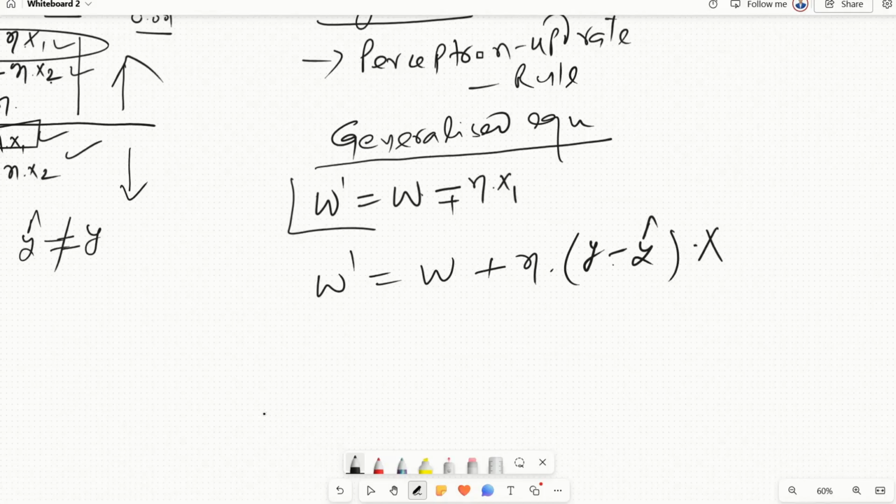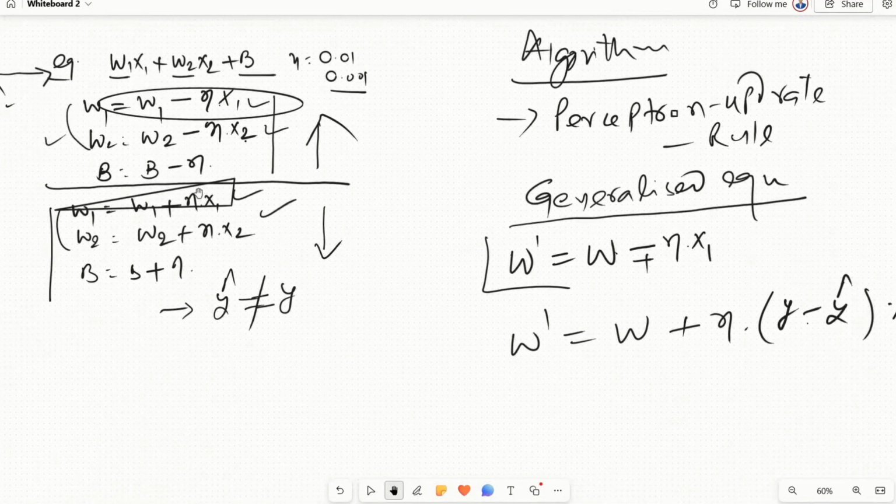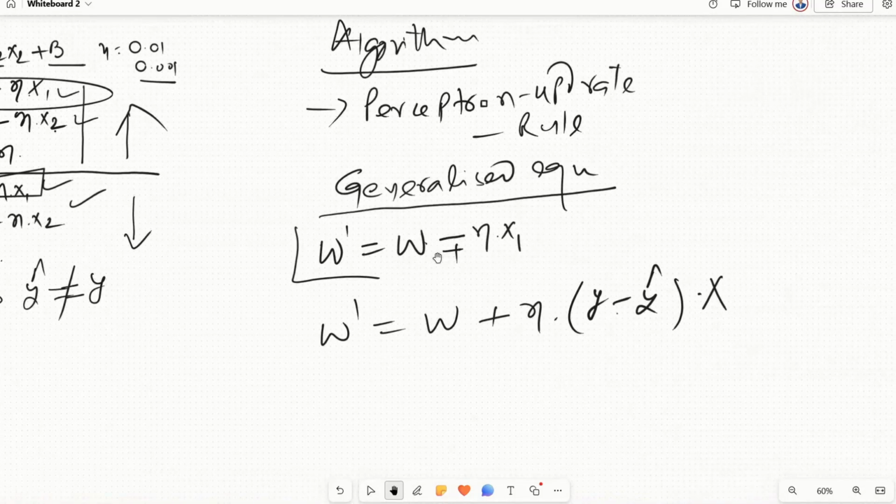I'm making it general. These two equations, w equal to w minus and w plus, I combined into this equation. The only difference is the sign, right?